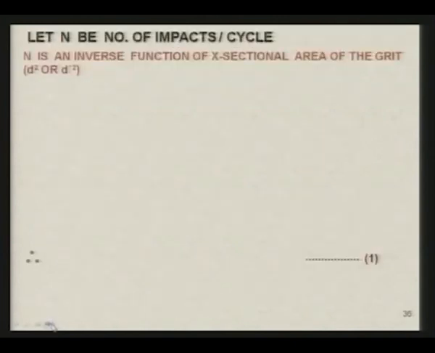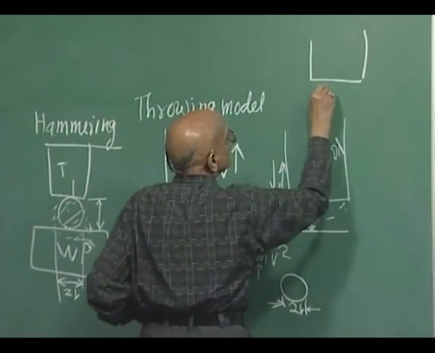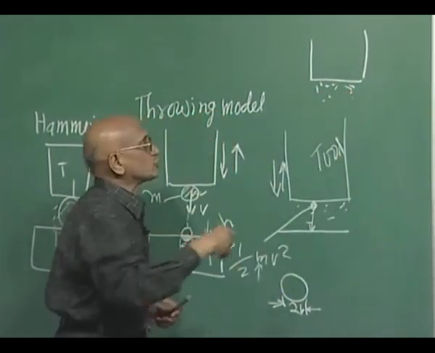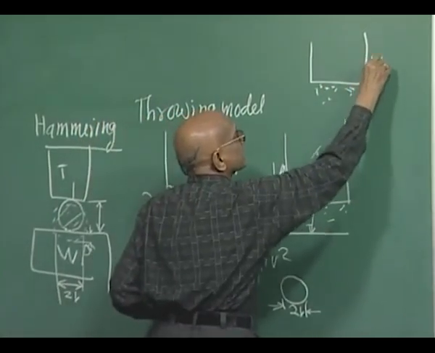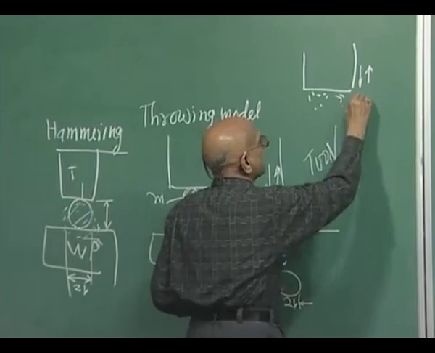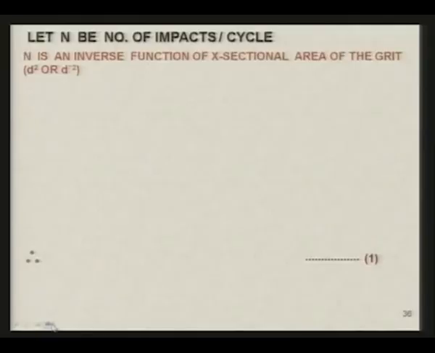Now, let N be the number of impacts per cycle. When we are considering this tool, there are thousands of abrasive particles under the tool, and when this tool is vibrating, in each cycle, or in one vibration, it is considered that N number of abrasive particles are hitting the workpiece surface. Capital N is an inverse function of the cross sectional area of the grit.